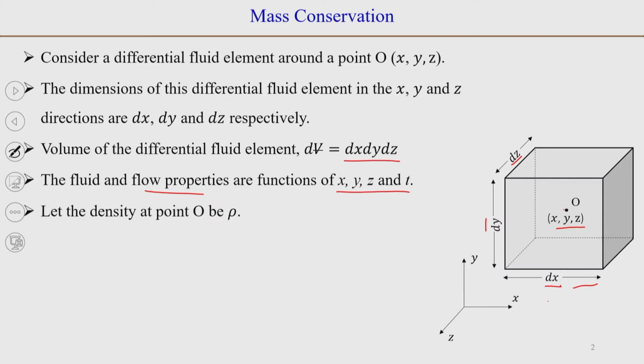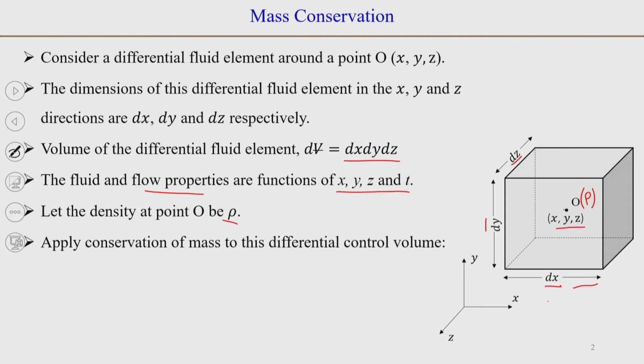Now, let us say that the density at this point O is rho. Then we can apply the Reynolds transport theorem, or the mass conservation equation, in this differential control volume. We will assume that flow can come into or go out of this control volume.